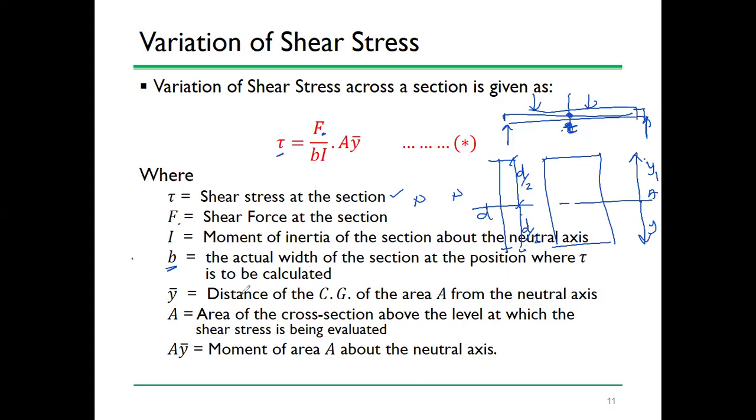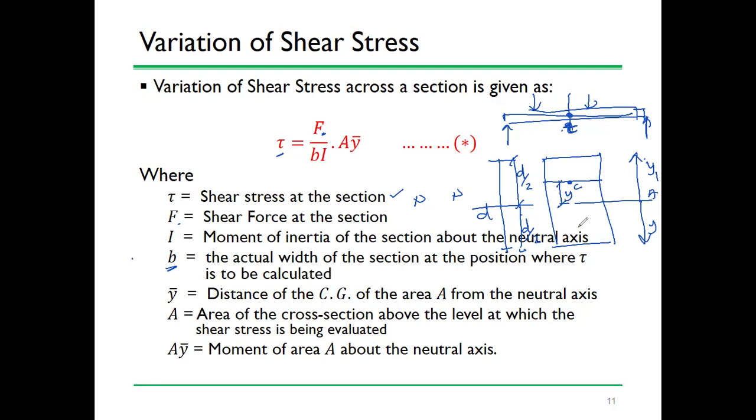So what is my Y bar? If I am to calculate the shear stress at, let's say, point C, if I draw a line here, the distance from the C to the neutral axis is my Y. I hope you get that.